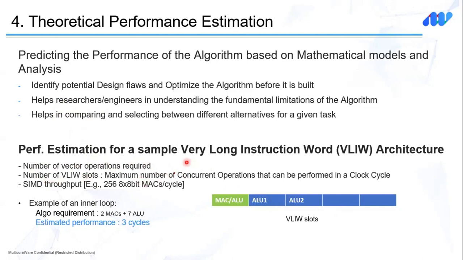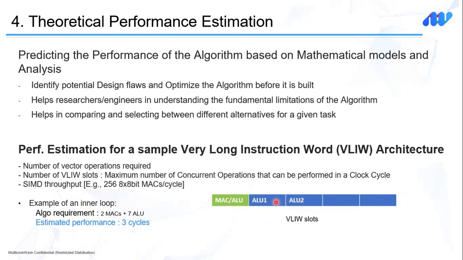So I've just taken a simple example to describe how the estimation is done for an inner loop in an algorithm. Let's say the algorithm requires 2 multiply and accumulate operations in the inner loop and also 7 ALUs. This is just for an example. And assume the architecture has 5 VLIW slots, out of which the first one can perform multiply and accumulate operations or ALUs, and the rest two can perform ALU operations.